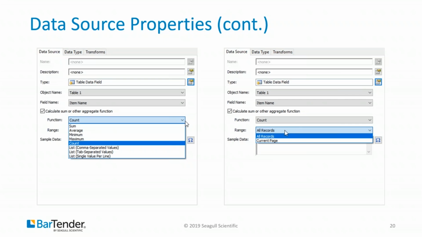Today, I think in the example, we do sum and we do count. But if your scenario calls for anything else, you would select the appropriate one. And the last option to take into account is going to be the all records, which is on your right. So all records or current page. You can run a function on a specific page and each page be independent, or do your whole record set, which is what's going to happen when you go to print.